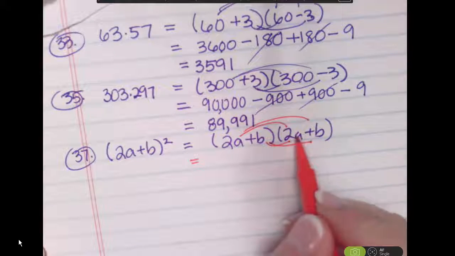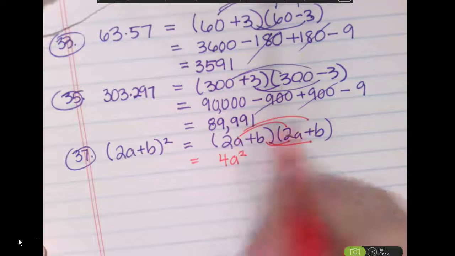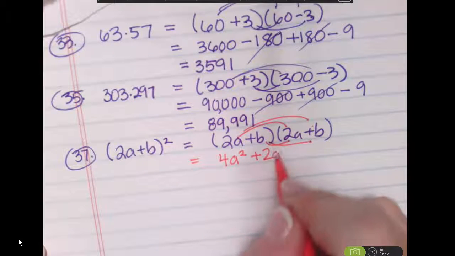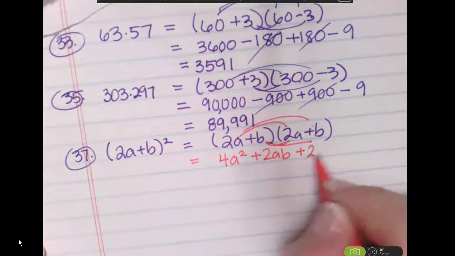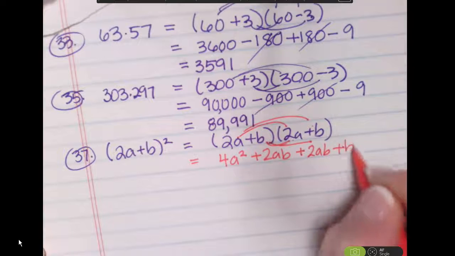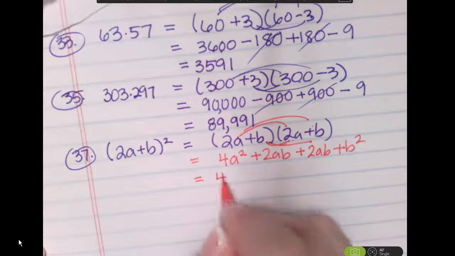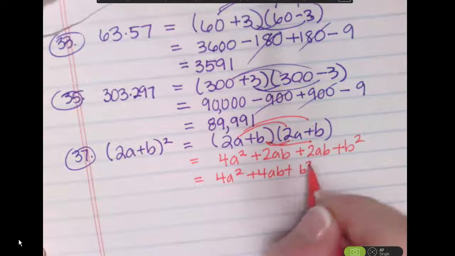So 2a times 2a is 4a squared. 2a times b is 2ab. And b times 2a, I can also write that as 2ab. b times b is b squared. So combining in the middle, 4a squared plus 4ab plus b squared.